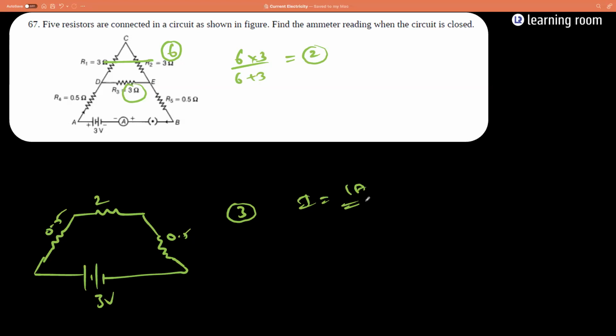It's very simple, sir, but don't do it in this kind of shortcut in your exam. You need to write the detailed steps. You need to mention whatever you told me. R1 and R2 are in series, so equivalent combination is 6.